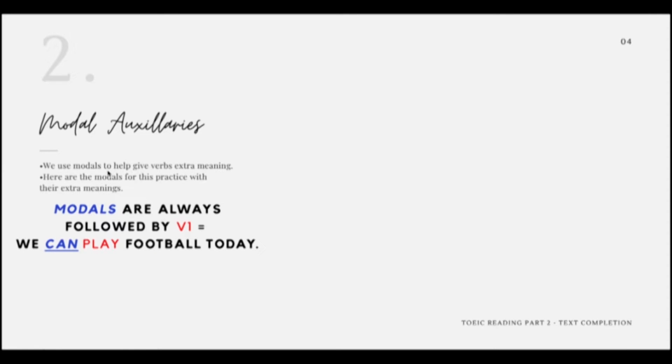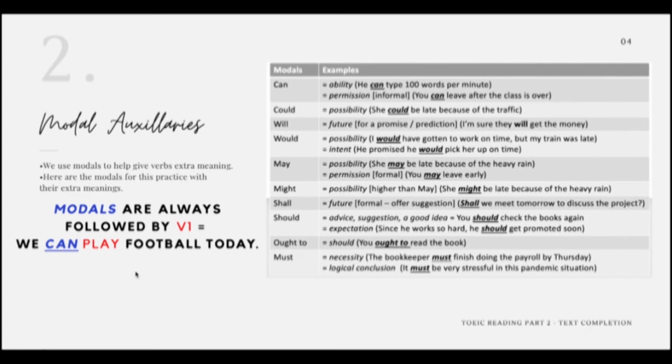Modals are used to give the verbs extra meaning, and you use modals like this. A modal is always followed by the base verb. For example, we can play football today, or we may play football today. Here is the list of the modals itself.